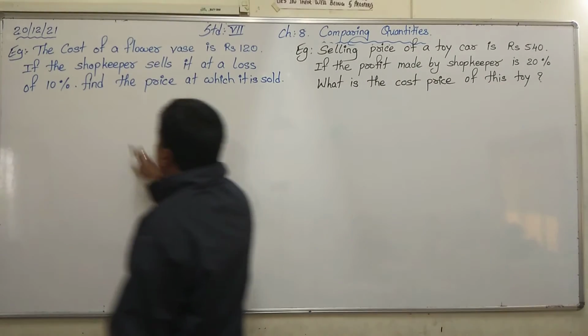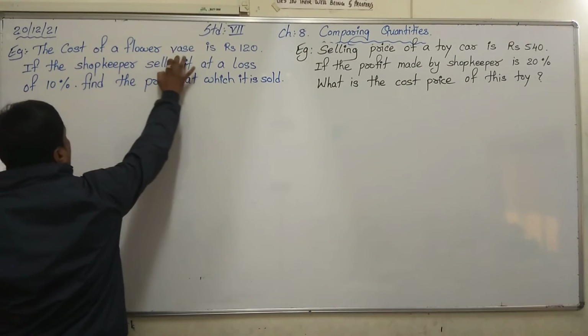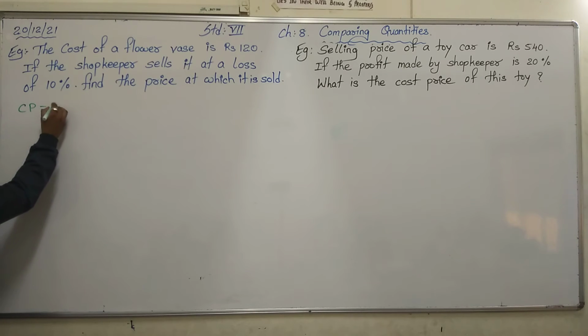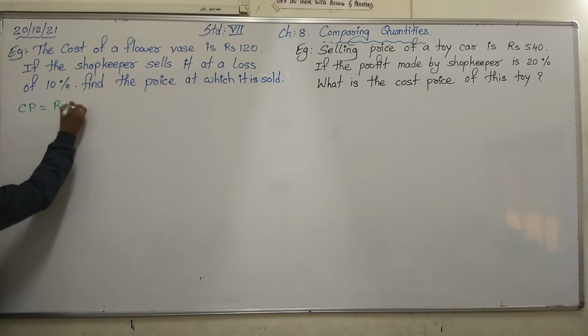The cost of a flower vase is rupees 120. Cost is given to you, means cost price is there. So step by step we will write the details given to us. So cost price is equal to rupees 120.